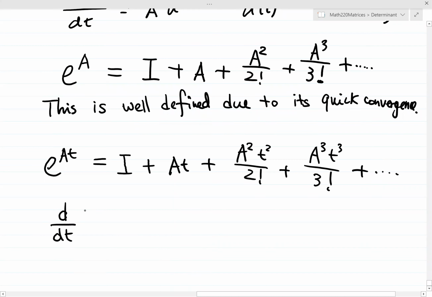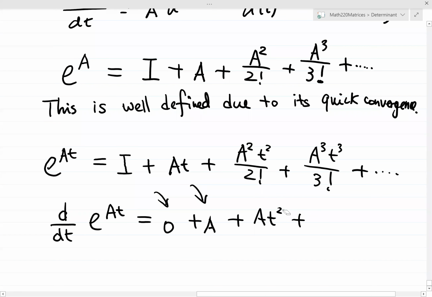with respect to t. Now the identity matrix's derivative is 0. The derivative of At is A. Now A squared t squared gives us A squared t.